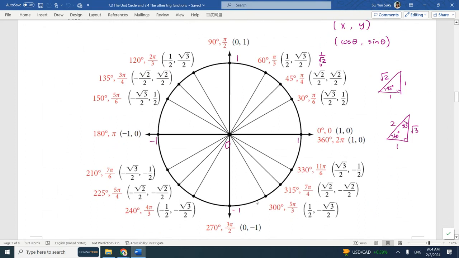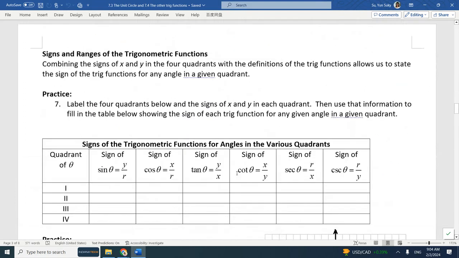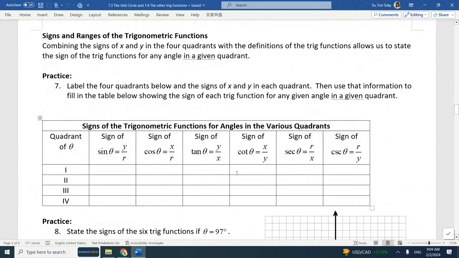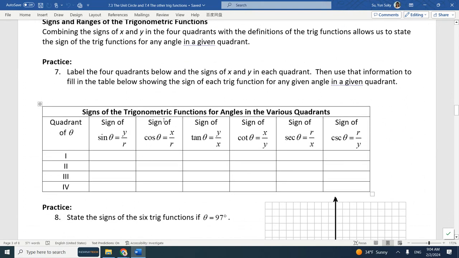Okay, so let's continue. Signs and range of the trig functions. Combining the signs of x and y in the 4 quadrants with definitions of the trig functions allows us to state the sign of the trig functions for any angle in a given quadrant. Okay, we want to figure out the sign of the following.